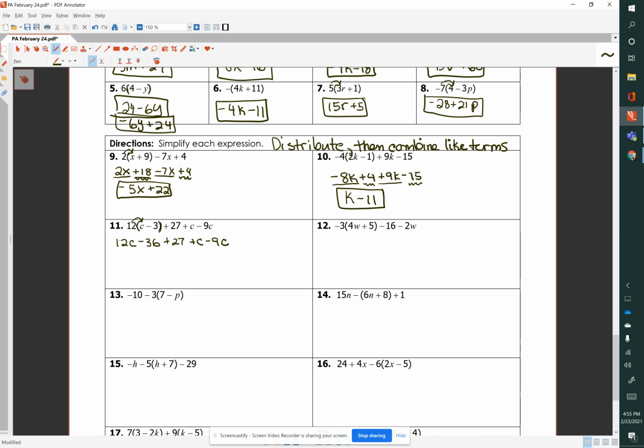Let's combine like terms. 12c plus one more c, we have an invisible 1 there, is 13c. 13c minus 9c is 4c, positive 4c. Okay, negative 36 plus 27. Remember, we ignore the signs, subtract, and take the sign of the larger number. So that would be 36 minus 27 is 9. That would be negative 9.